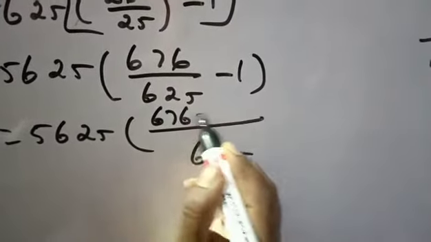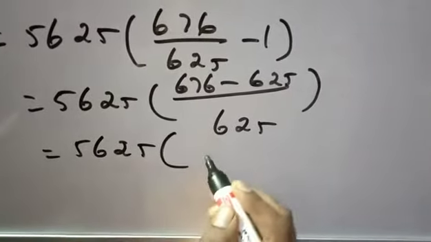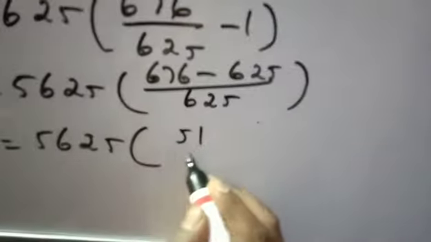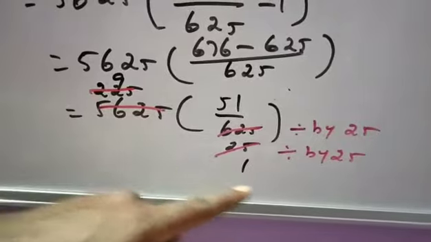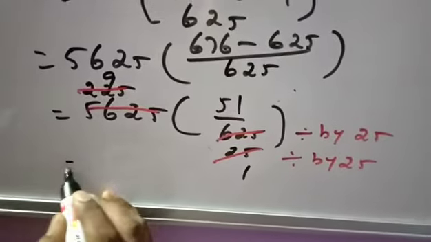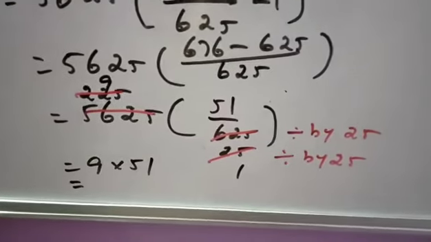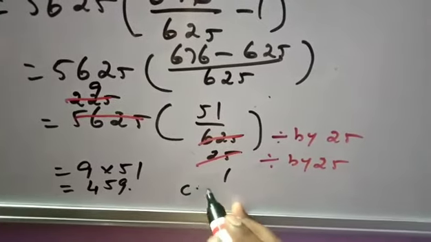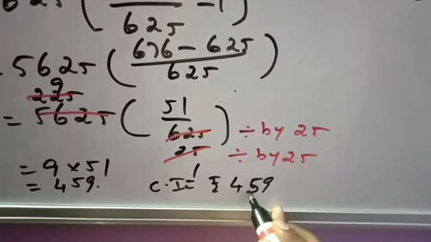So 676 minus 625 equals 51 by 625. Now it's simple calculation. We divide by 25 first, again by 25. So now we got 9 into 51 equals 459. So the compound interest equals rupees 459.